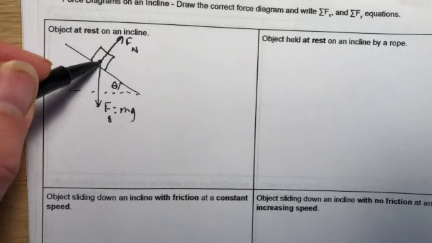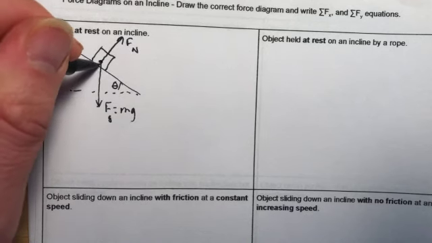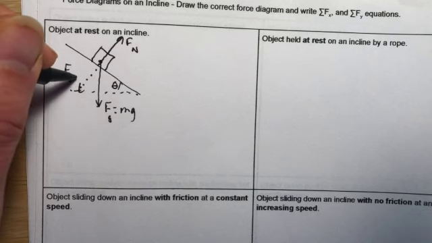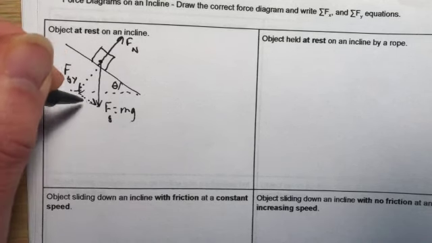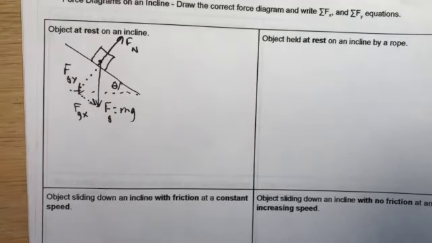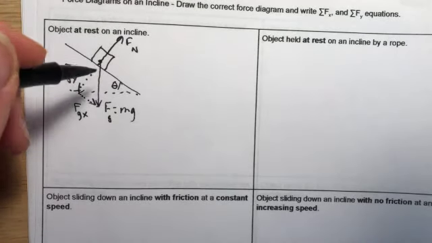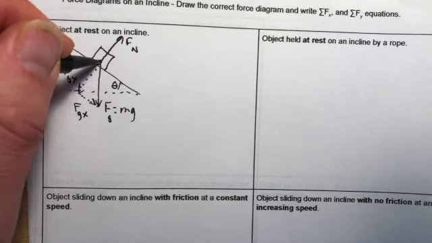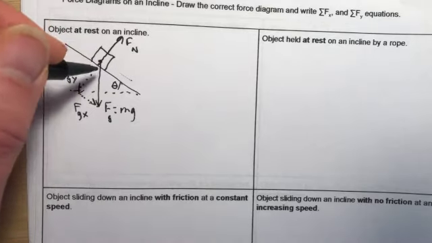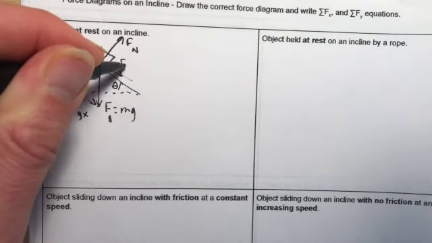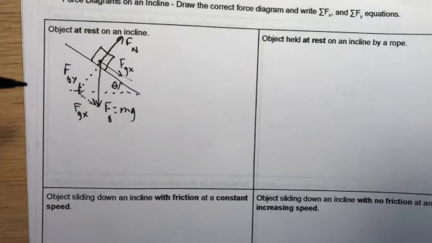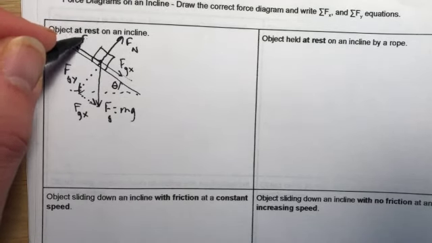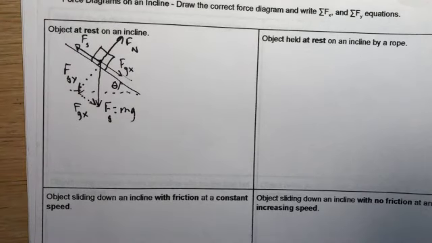And I need to write out those component forces, F G Y and F G X. Now, this object is not accelerating, it's just sitting there, which means that because there's this X force trying to bring it down, I'll draw it up here, FGX, because that force is trying to accelerate it downward, there must be a force holding it back. And because it's not moving, that would be called static friction.